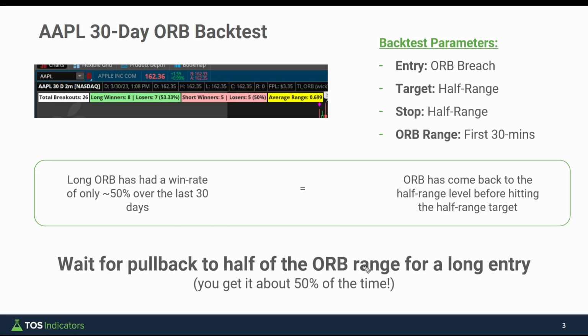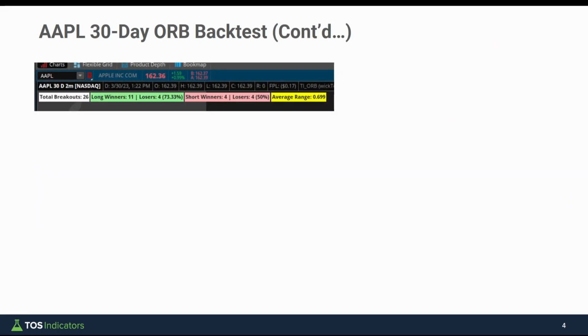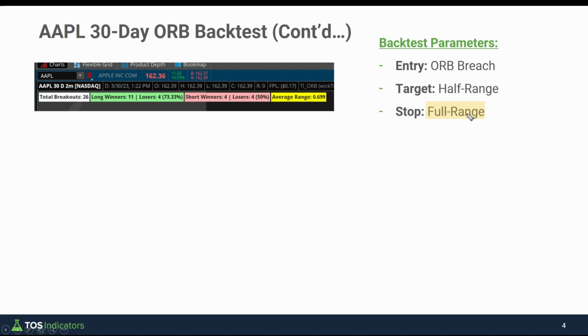Now let's keep diving a little bit deeper. What happens if we take the stop right here from the half range and we instead change that to a full range stop, meaning we give it more room? This allows us to test how effective are pullbacks. So let's test that next. So now if we continue with the same idea of a backtest, but this time we've changed our stop parameter. So these are the different parameters, the same entry, we're looking for the opening range breakout breach, the same target, just a half range target, but this time we've widened the stop from a half range to now a full range.